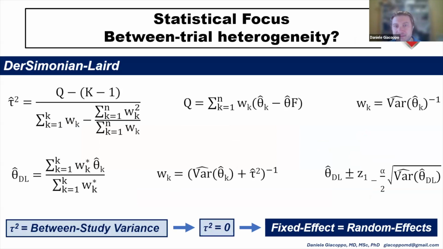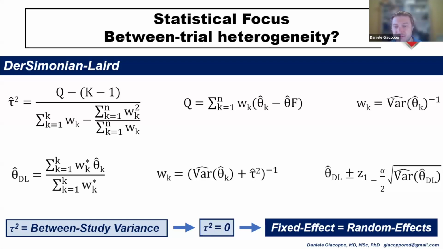The DerSimonian-Laird random effects model is the traditional type of random effects model. Over the years, other estimators with some variation have been developed, but the concept is the same.